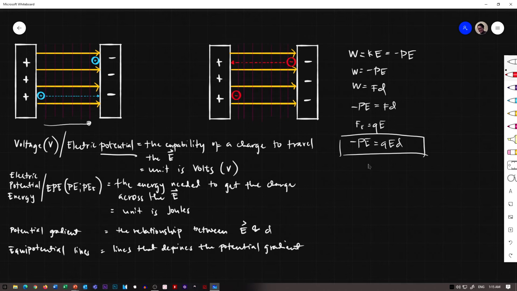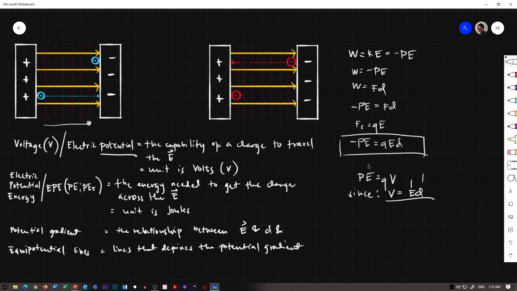Why, sir? Because the formula for voltage can also be found in this equation. You can rewrite it as negative potential, or we can rewrite it in a way that we're going to use in problem solving. That would be QV, since remember this equality: voltage is equal to electric field times distance. This equation is what constitutes the definition of potential gradient. So you can see the relationship of electric field, distance, and voltage for that matter.